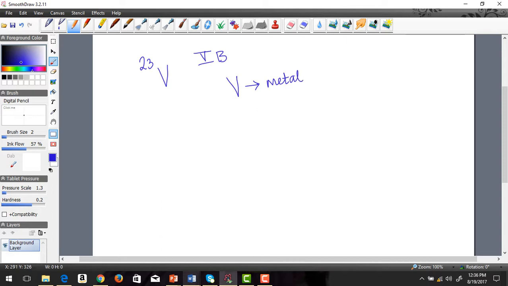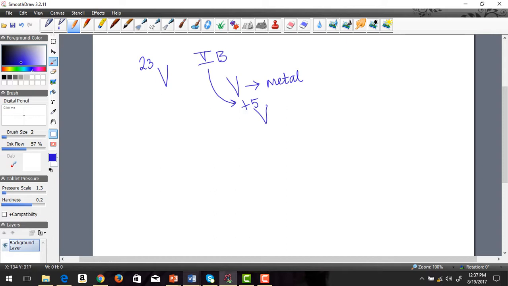In a nutshell, you do not have to write the entire electronic configuration to figure out what ions it would make. Remember, I said this is 5B. So vanadium is a metal, so it can lose up to 5 electrons. So vanadium +5 is the maximum it can have.